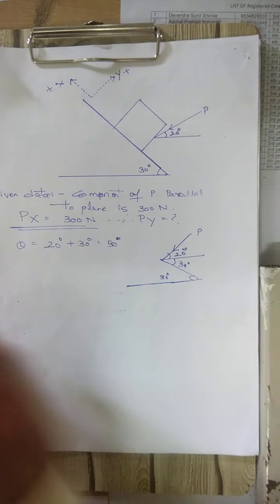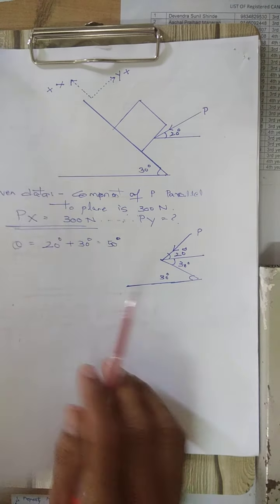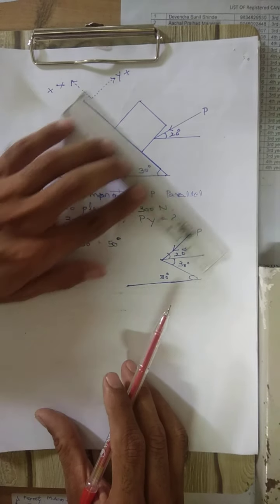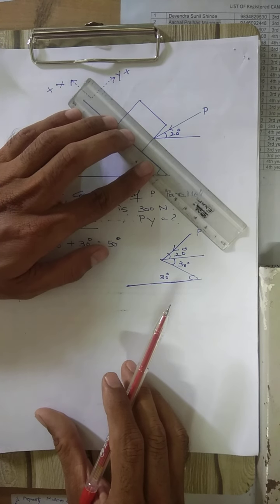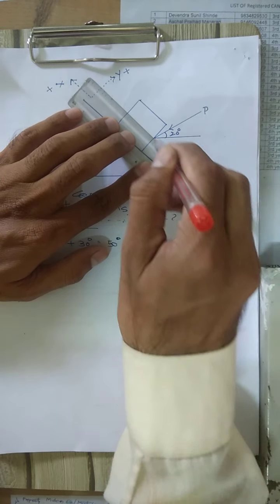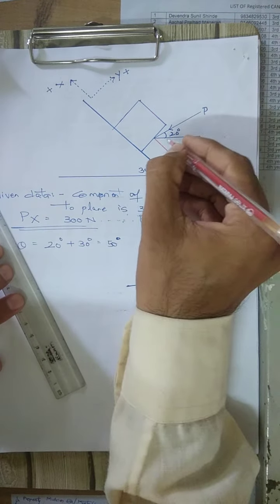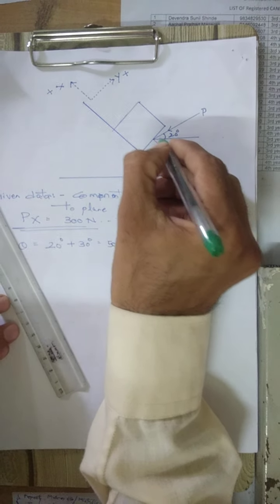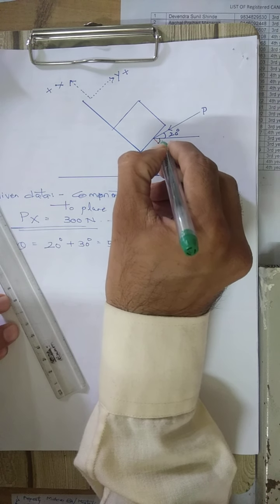So we can have this simplified figure here. This was 30 degrees, and we have transferred it here as 30 degrees.